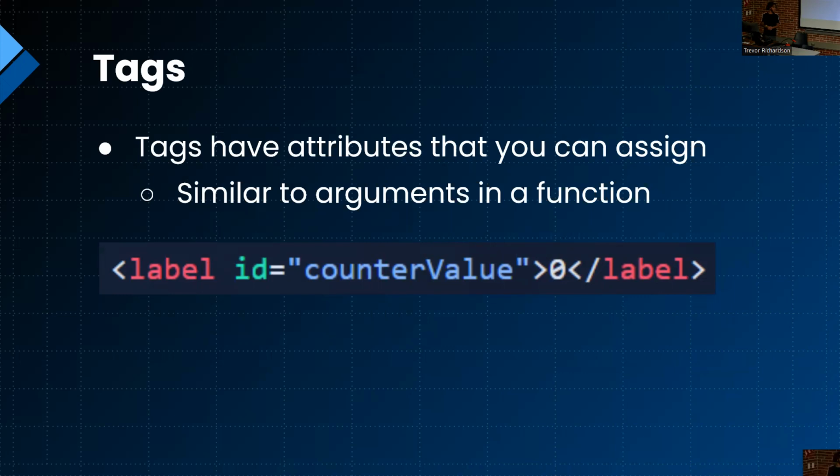So in this example, I need an ID to identify this label. You would need this if you wanted to hook this up to some JavaScript and change what it says whenever a user clicks a button, for example. And we could add all sorts of attributes here, such as inline styles, so changing colors, spacing, etc.